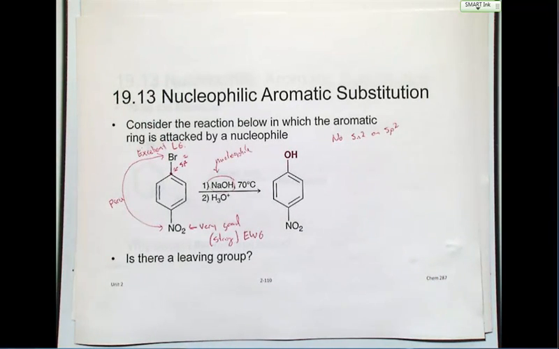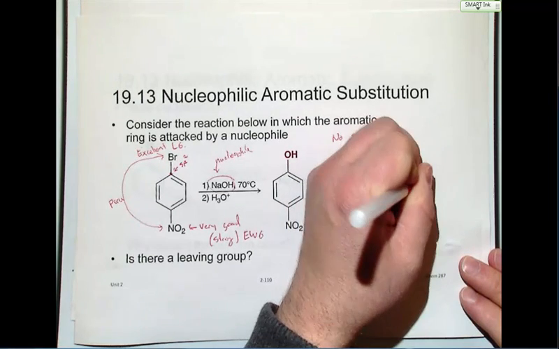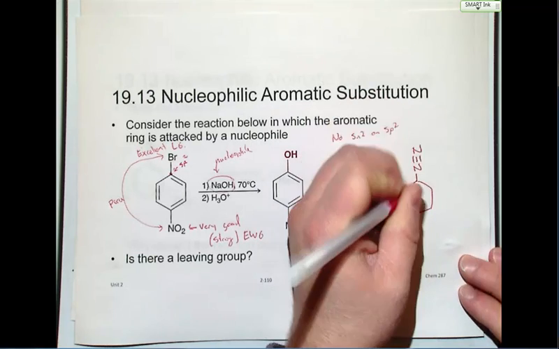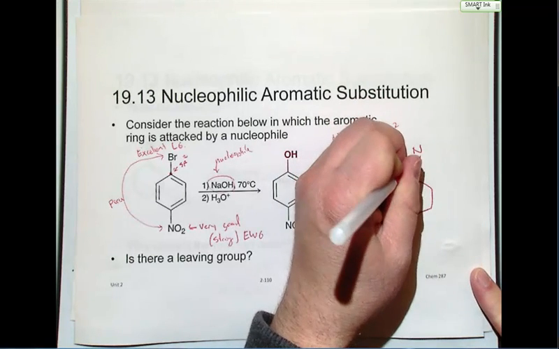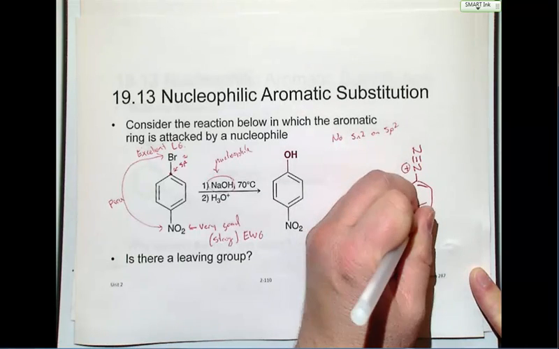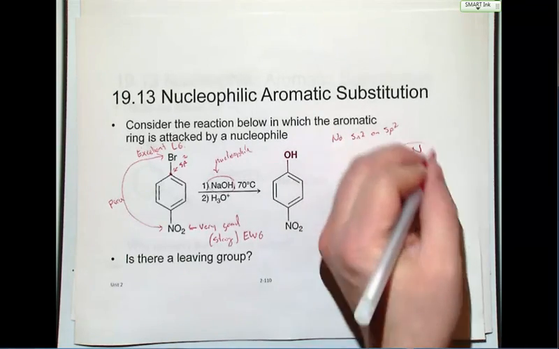Chlorine's not going to really work. You got to have bromine or hydrogen. Or there are some others. Sometimes you'll see examples where we have something called a diazonium. This is the best leaving group in the world.